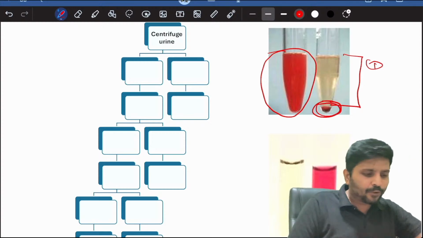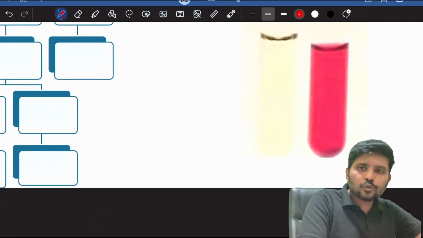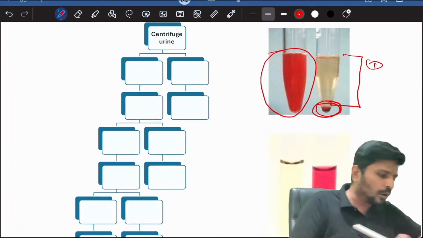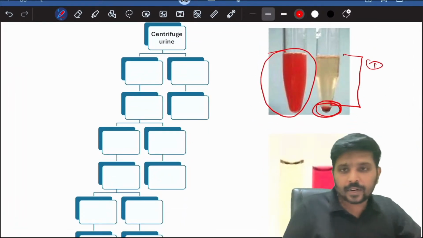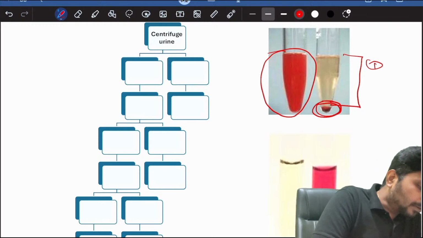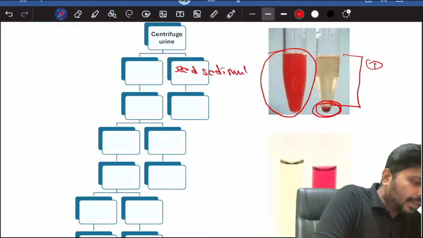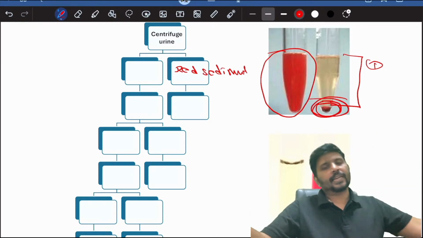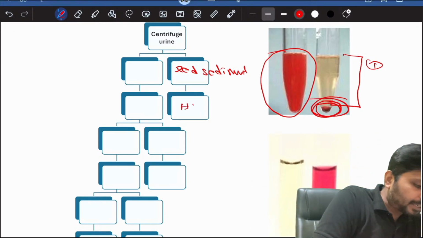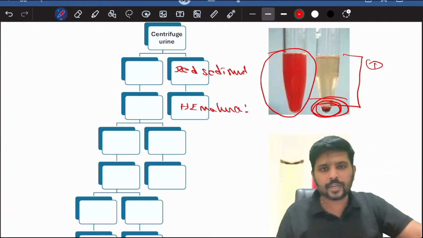In the second photo, you have red supernatant fluid. Red sediment means this one. If you have red sediment, the answer is clear. It is a case of hematuria.